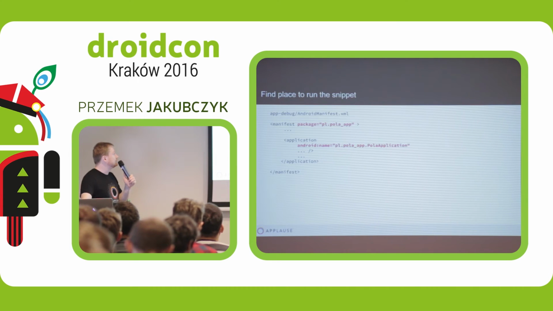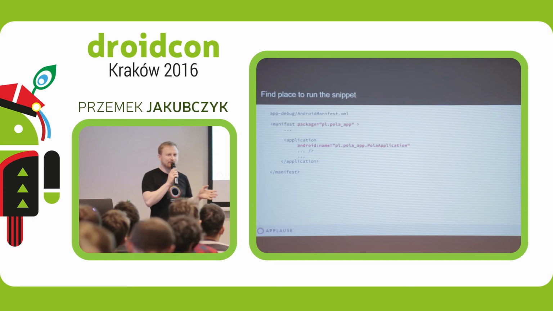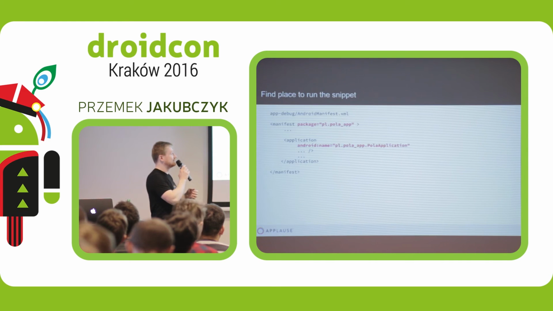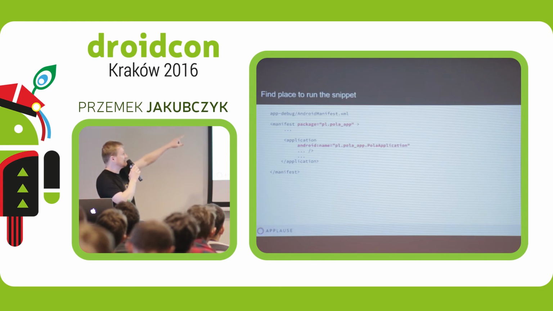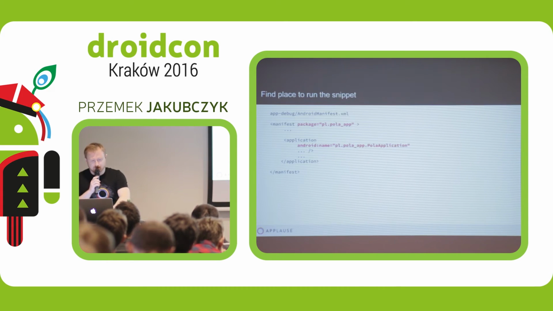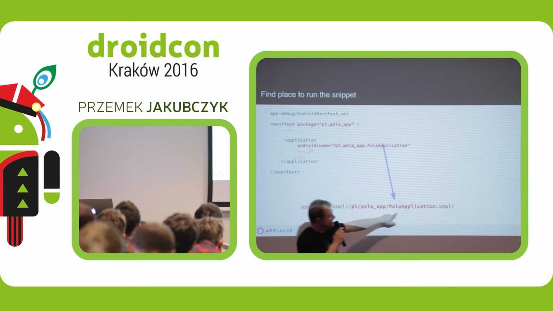Okay, so now we have to locate where the application is starting. It is easy because the Android manifest tells us very precisely where to find this file. It's within the application tag and android:name, which easily refers to a path on the file system.